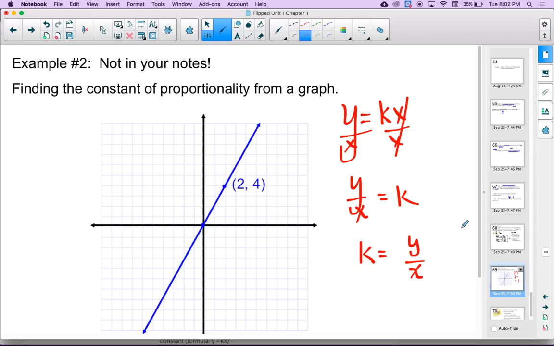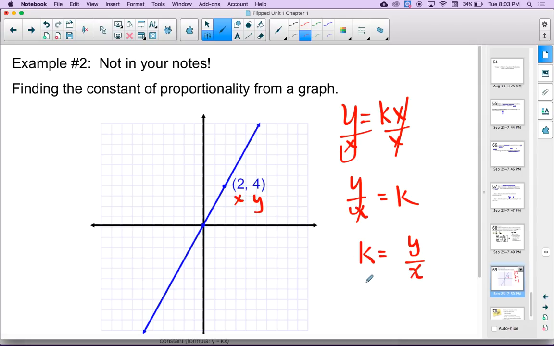So if we're only given a graph and they ask us to find the constant of proportionality, first of all, it has to be a proportional graph, so it has to be linear and it has to pass through the origin like this graph does. So once we know that, we can seek out any point on the graph that's not the origin. The first is our x number, the second is our y number.